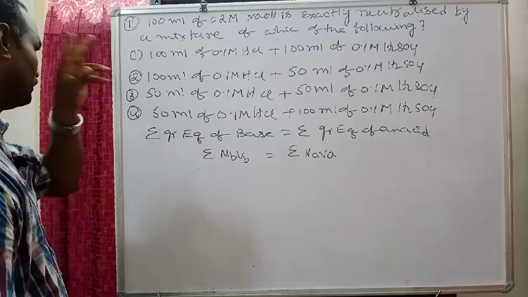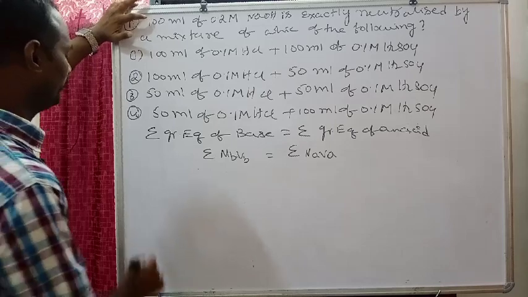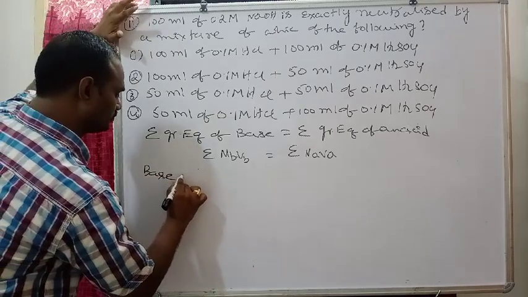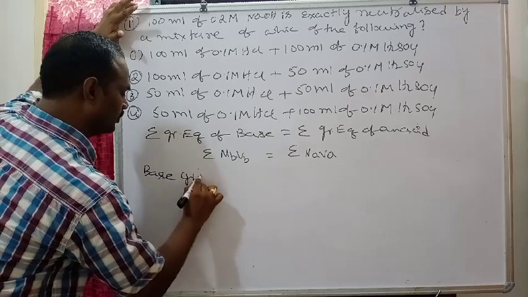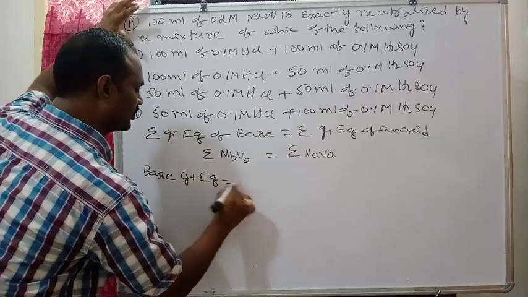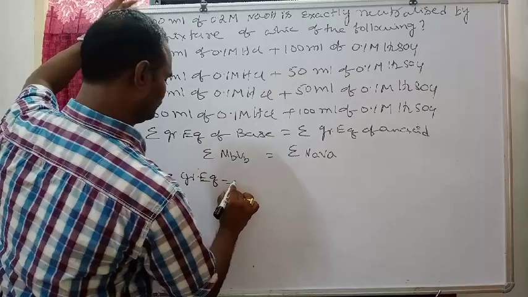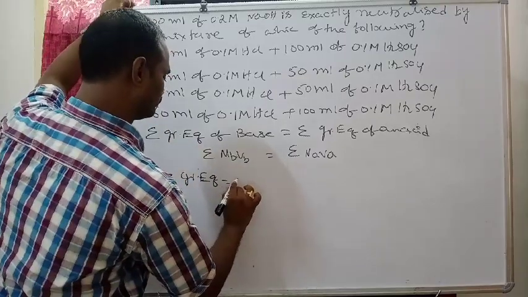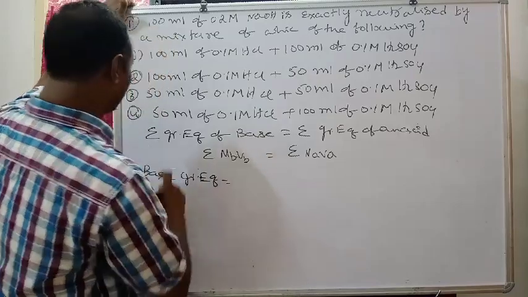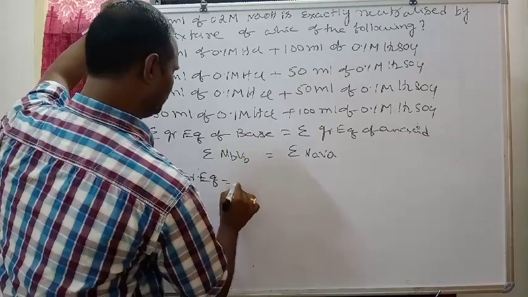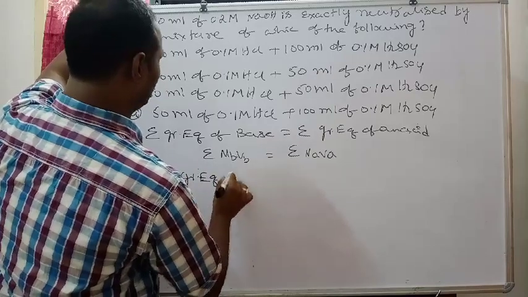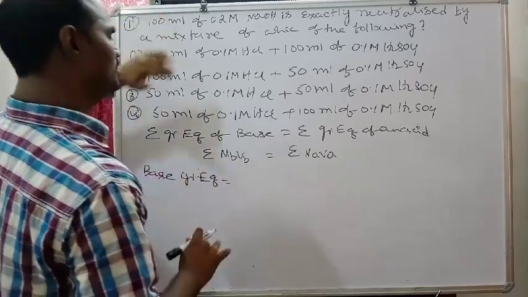Here you see, base how much is given, sir? Base gram equivalents. Here total base gram equivalents is equal to gram milli equivalents. If milliliter is given, then milli equivalents.